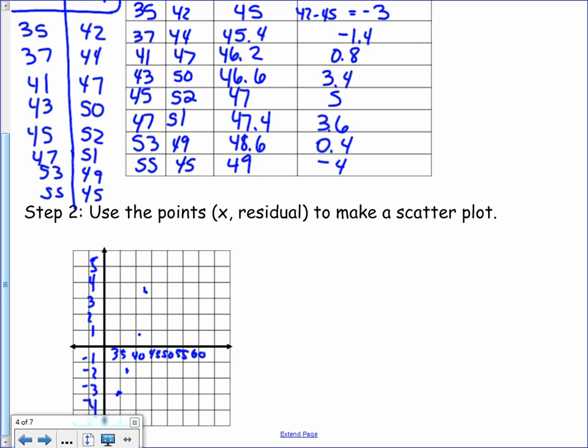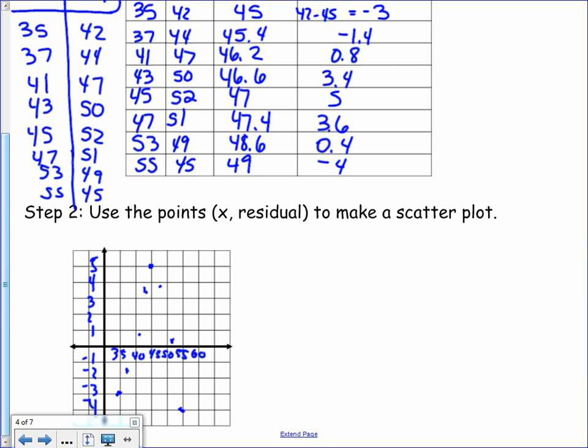Sorry, that was the highest, was 5. Okay. 47, 3.6. 53 is 0.4. And 55 is negative 4.